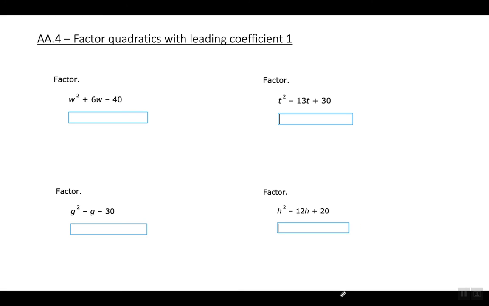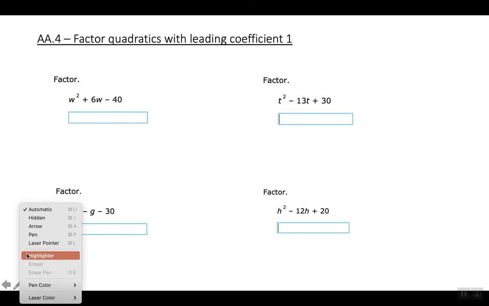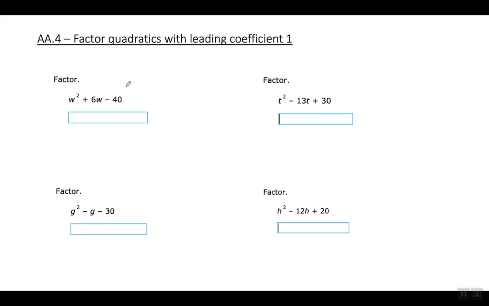All right, moving on. These are the last four examples, so let's look at the first one. Again, you put your two parentheses with W at the beginning. Now let me write out the factors of 40 again: 1 times 40, 2 times 20, 4 times 10, and 5 times 8.